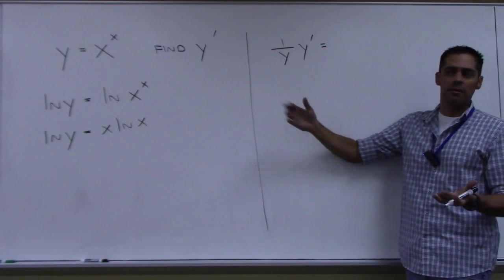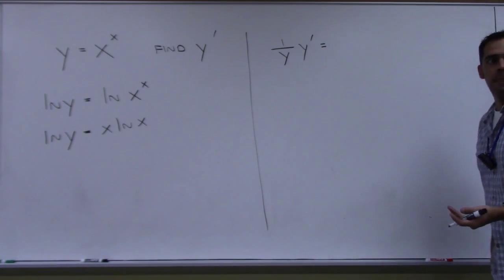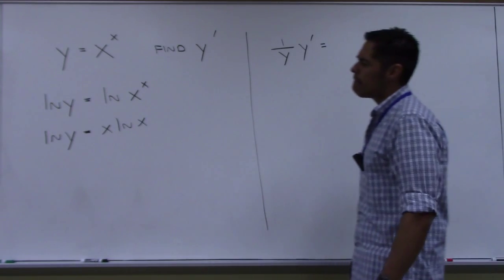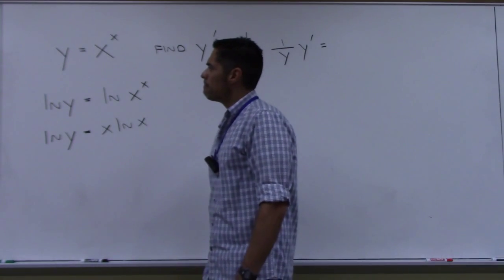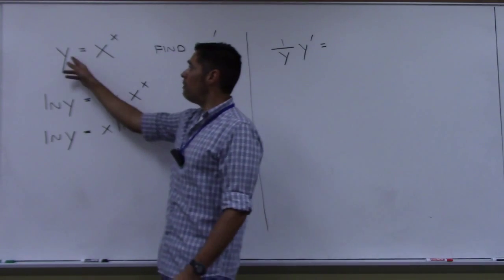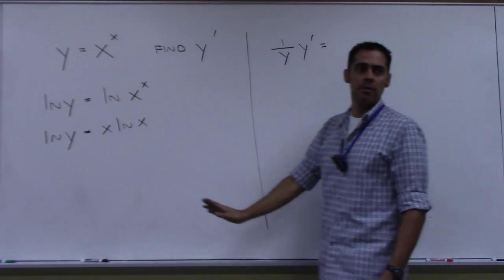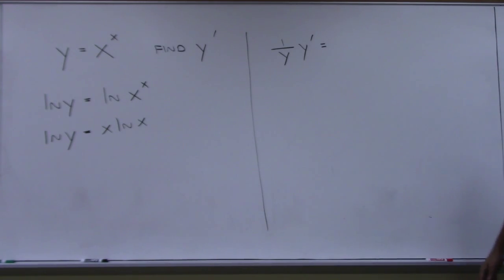Always. The variable really doesn't matter, right? If you've solved this equation for y, then you're always going to get 1 over y times y prime. Or would it ever be solved for x?